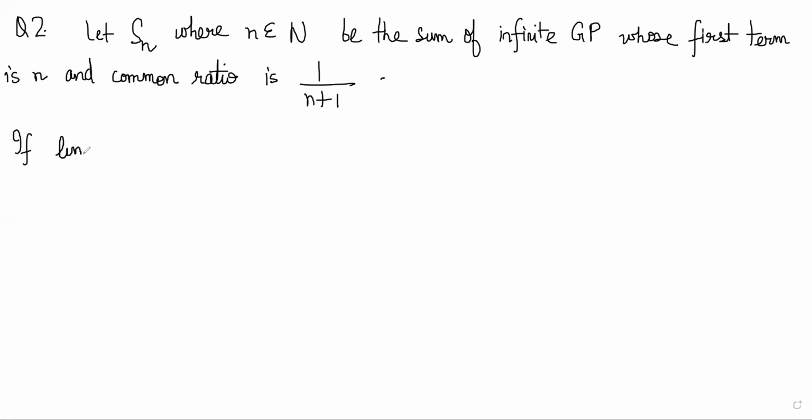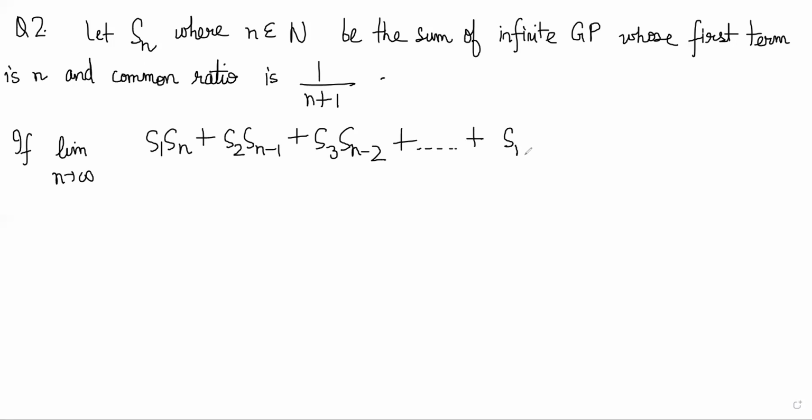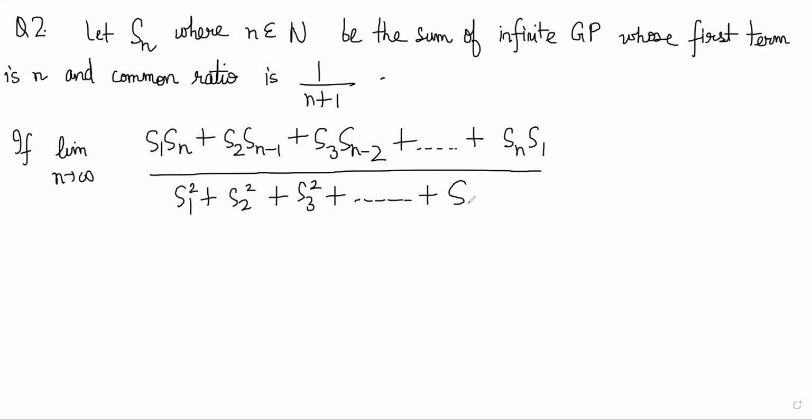If the limit as n tends to infinity of S1 Sn plus S2 S(n minus 1) plus S3 S(n minus 2) and so on till Sn S1, divided by S1 square plus S2 square plus S3 square till Sn square is equal to P by Q, where P and Q are co-prime, you have to find the value of P plus Q.